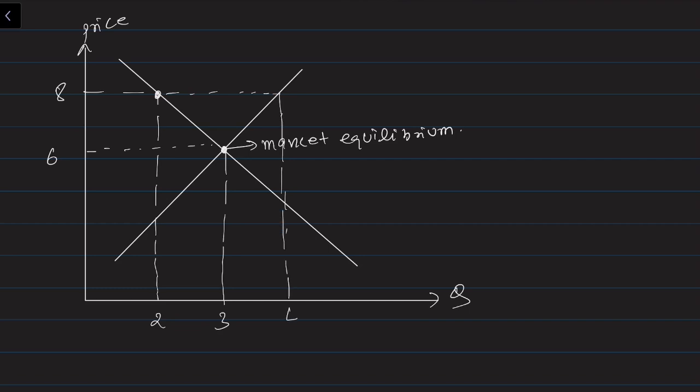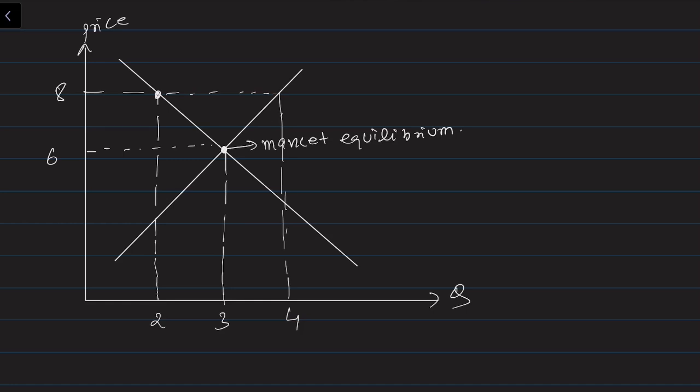Let's say this is 4 units. So at this price, the quantity demanded is only 2 units and the quantity supplied is 4 units. So how much quantity will be traded in the market? Only 2 units, right? Because you cannot force the buyer to buy more.